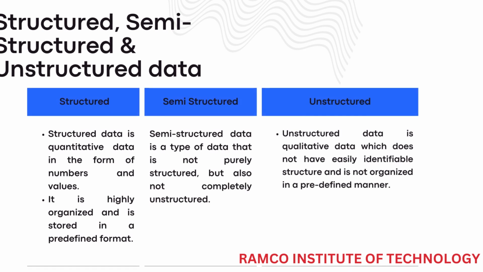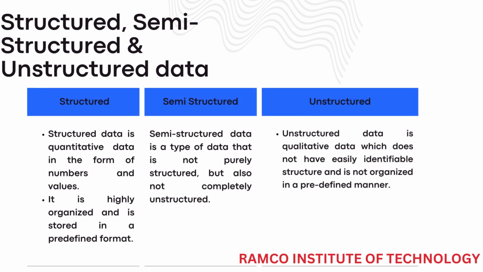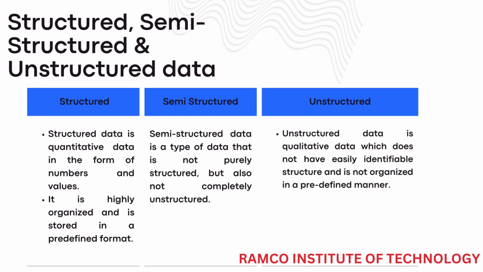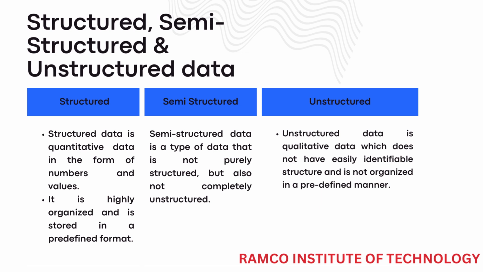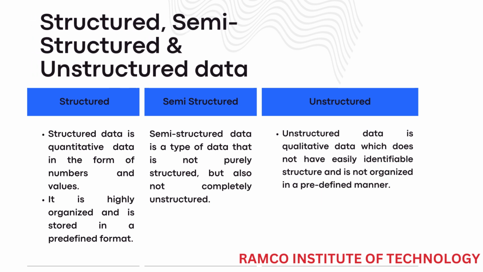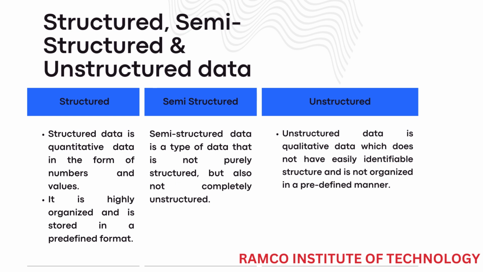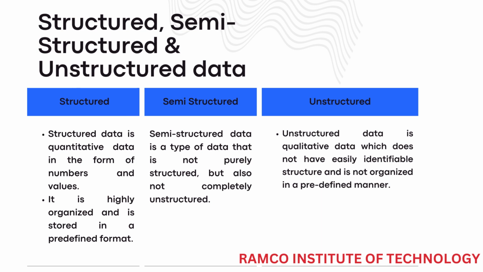So let us see what is structured data, semi-structured data and unstructured data. Structured data is nothing but quantitative data in the form of numbers and values. It is highly organized and stored in a predefined format. Semi-structured data is a type of data that is not purely structured but also not completely unstructured.